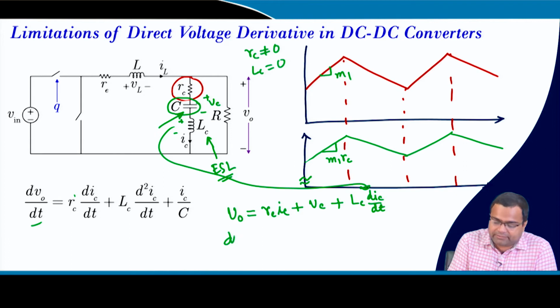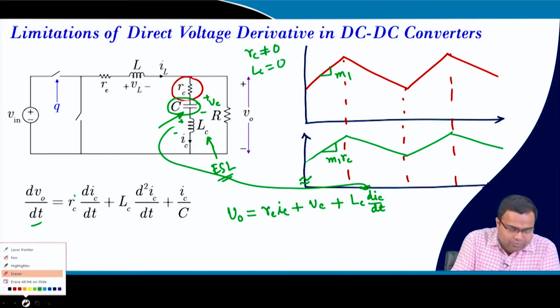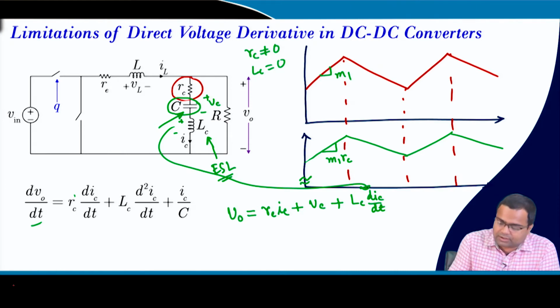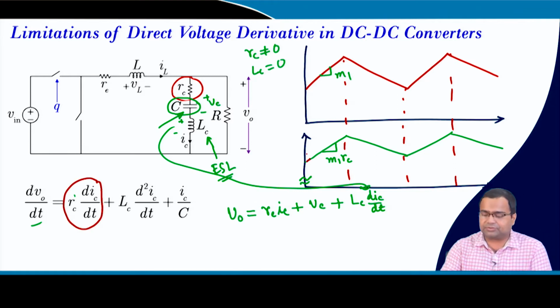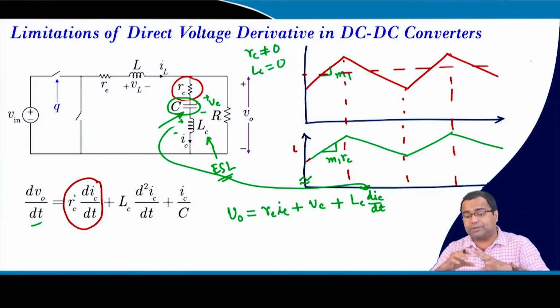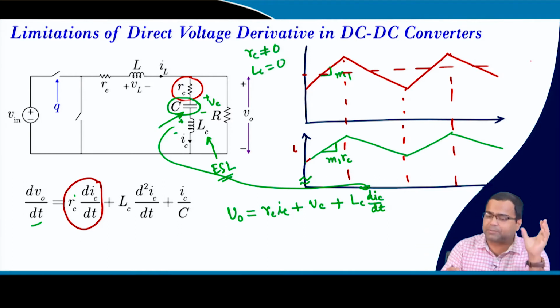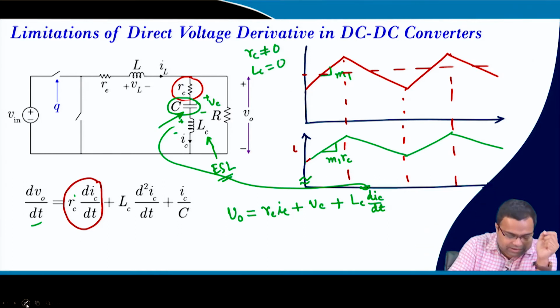Now, if you take the derivative of the output voltage, this is exactly what we are talking about. What we will notice is that, if you take the capacitor current and remove the average current, the capacitor current will be similar to a triangular wave, but with 0 average.